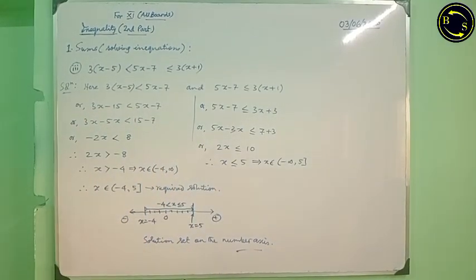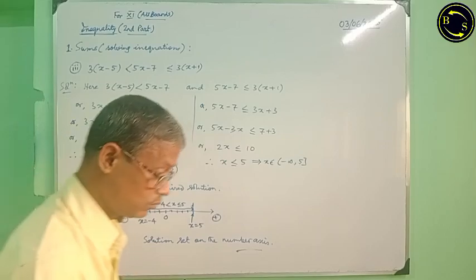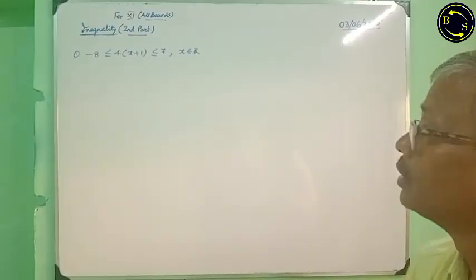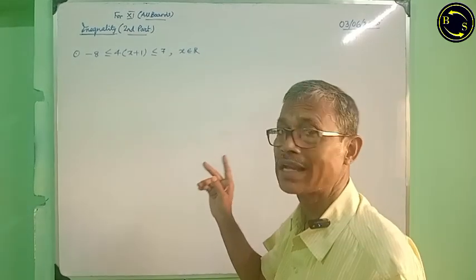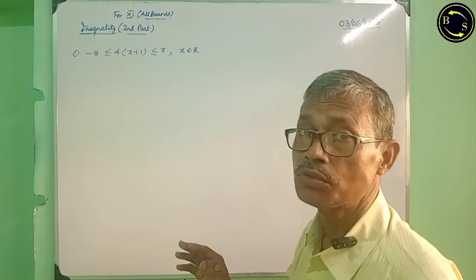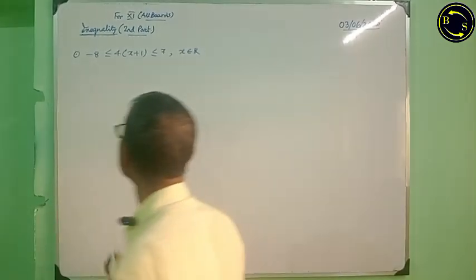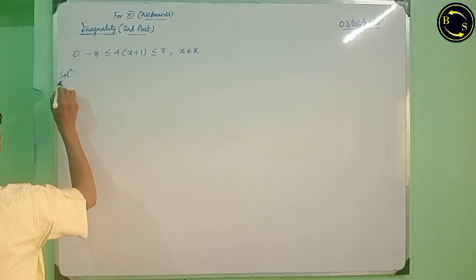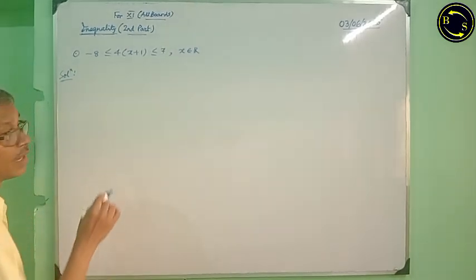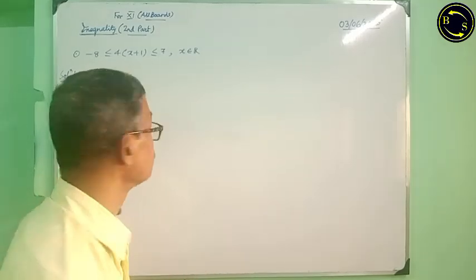As the sum is solved, now this sum: minus 8 less than or equal to 4 within brackets x plus 1 less than or equal to 7, and it is mentioned that x is a real number. We solve it taking two separate inequations.